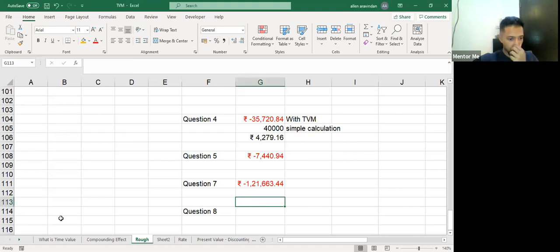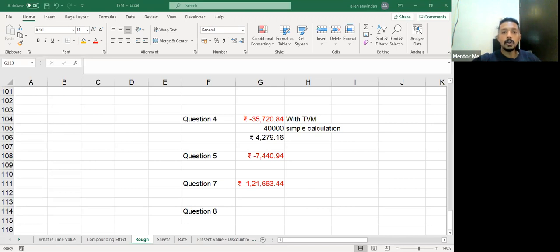Question number 8. Let's spell it out. Your company must deposit equal annual beginning of year investments or payments into a sinking fund. Don't worry too much about what is a sinking fund. What it actually means is that there is a tank and you're withdrawing something from it. It's just an analogy.